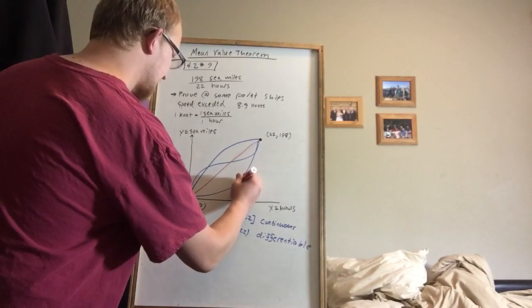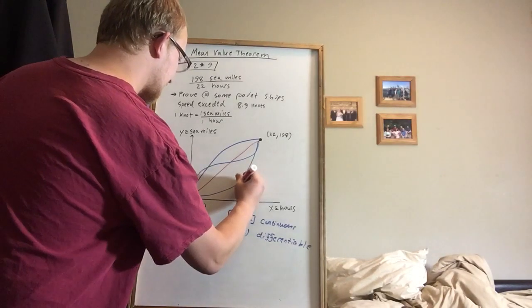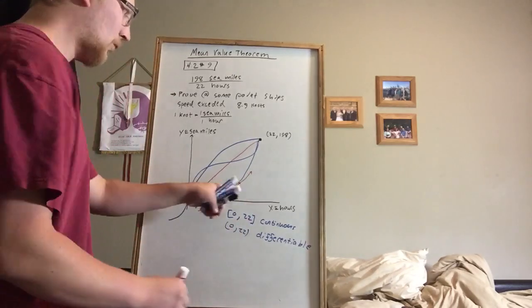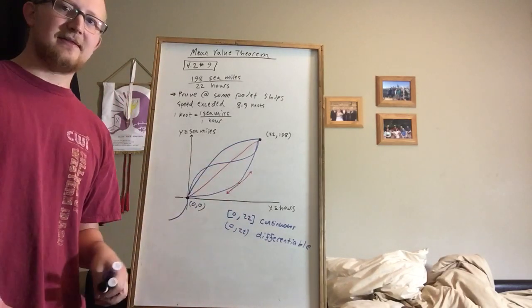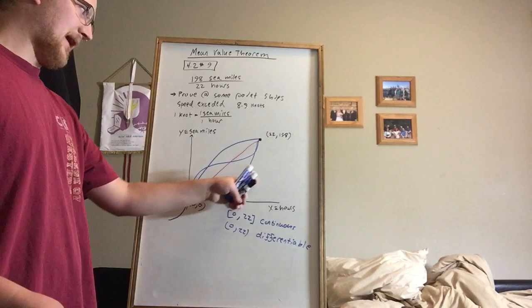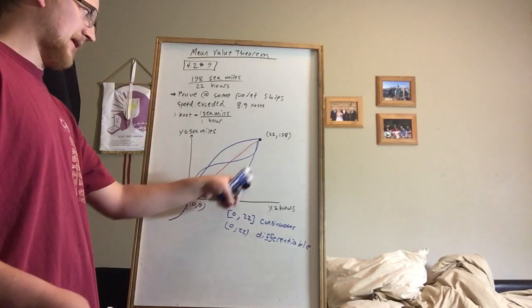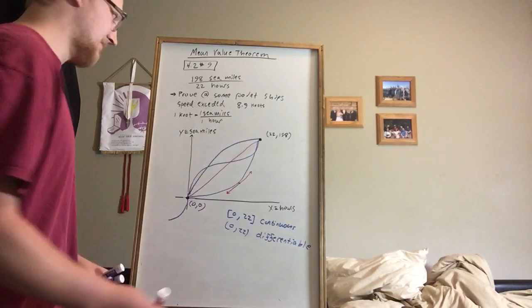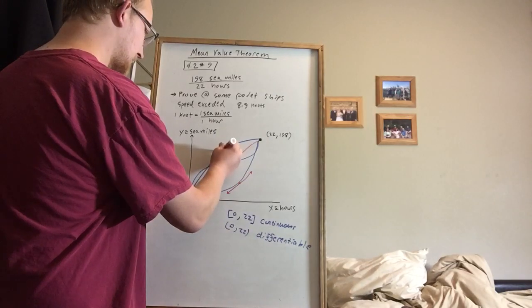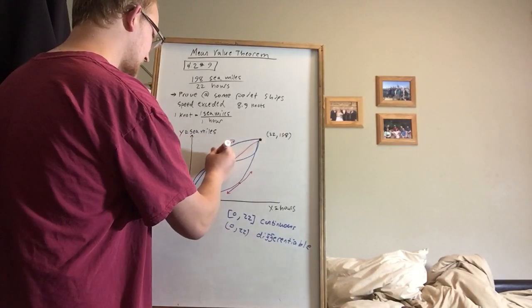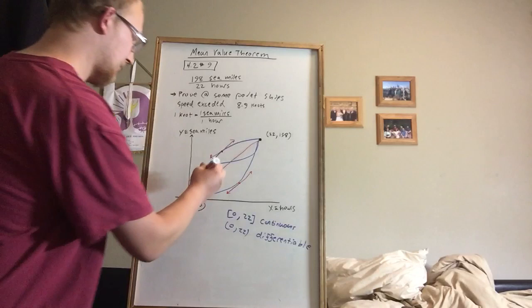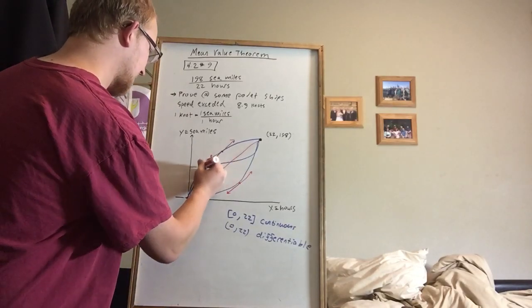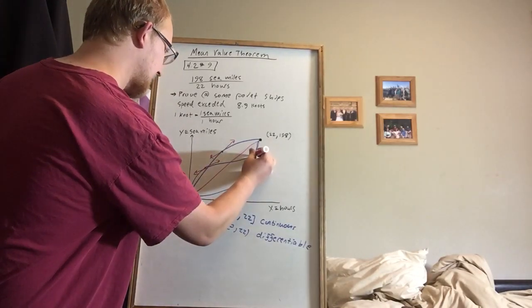So you'll notice here on this line that I drew, there's definitely one point on this possible path that agrees that we will have the same slope, the same speed as the secant line. And on this possible graph, we see the same thing. And on this one, we actually have two of them. We've got one like there, and then we've got one right there.